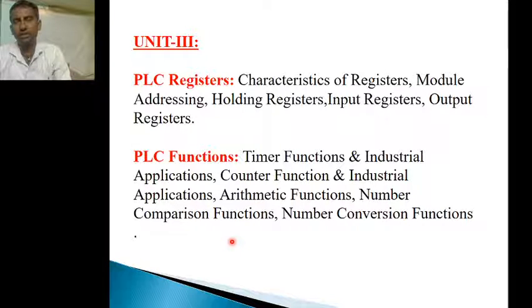These we will discuss in the third unit, whereas in the fourth unit we also discuss PLC functions: data handling functions, sequencer functions and PLC matrix functions, and by using those sequencer functions we can control a 3-axis robot and a 2-axis robot.